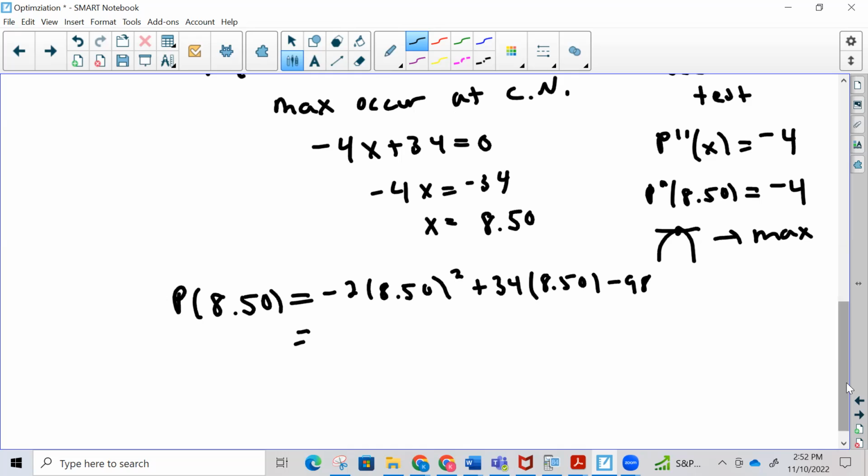If you simplify that, you get $46.50. So that would be the maximum profit.